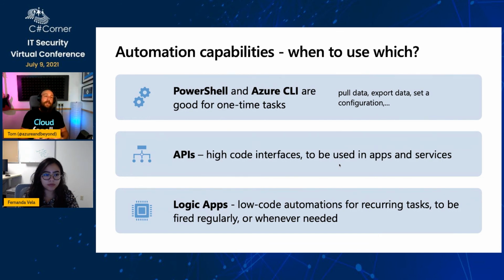We are using it in Azure Security Center basically to pull data, to export data for one time. If you want to have a CSV export of a custom set of data, including secure scores and assessment results, then you can do it using Azure CLI and PowerShell. APIs are high-code interfaces that can be used inside your own applications and services, but you can also use the APIs directly in the logic apps.